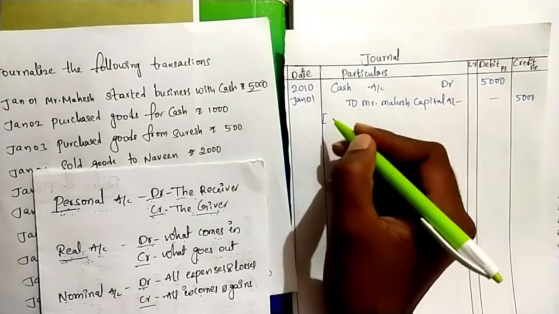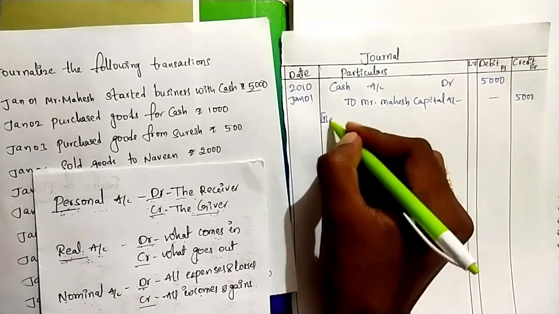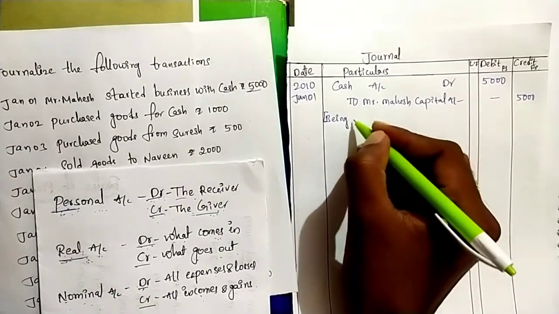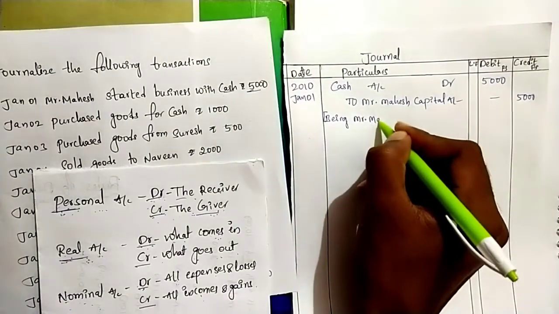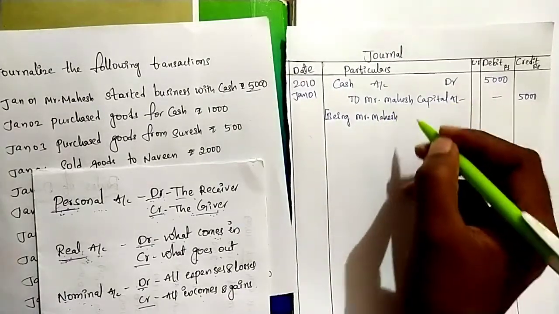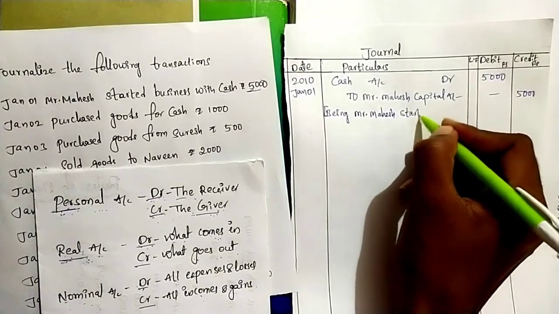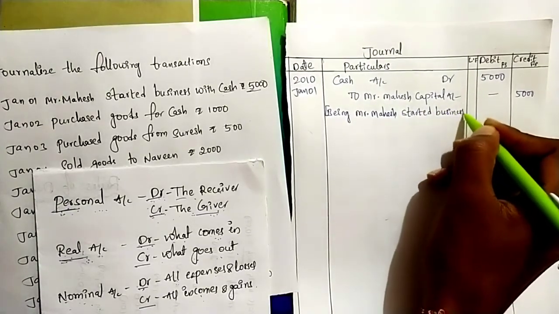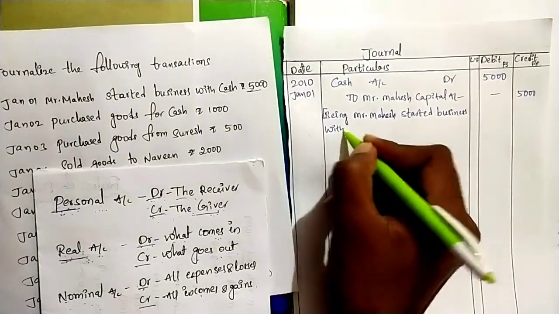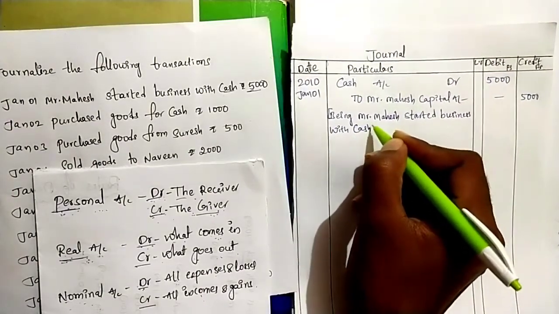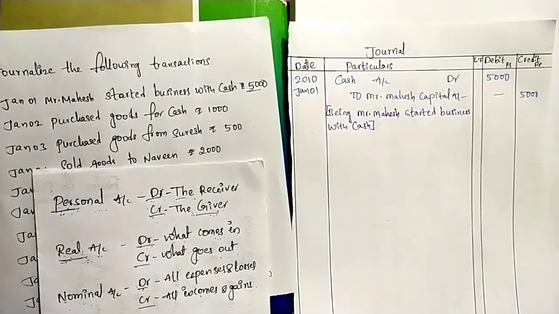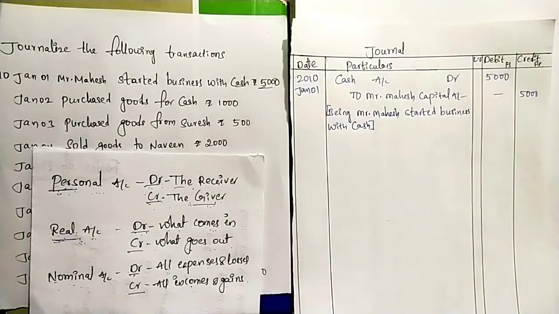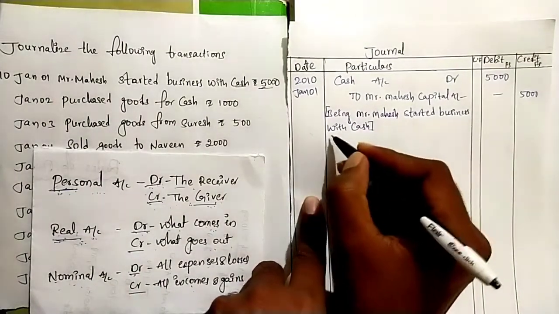This narration starts with being Mr. Mahesh started business with cash. That's it. So we have to close this.